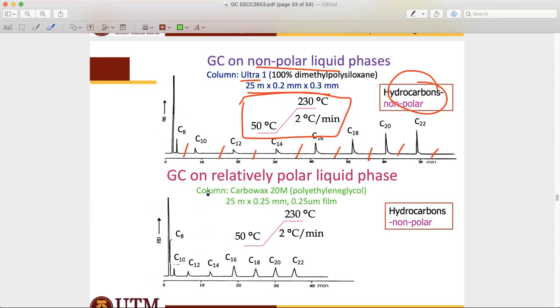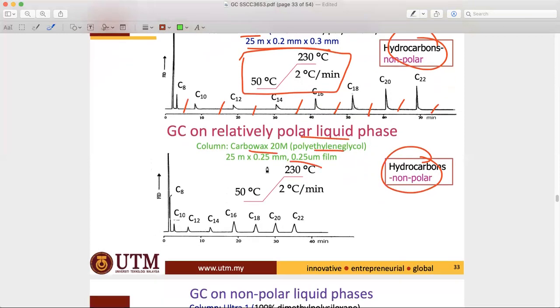Okay. GC on relatively polar liquid phase. Now you are going to separate hydrocarbons by using a polar column, which in this case is Carbowax 20M, a polyethylene glycol stationary phase. It employs the same temperature programming, and the film thickness and the dimension of the column are the same.